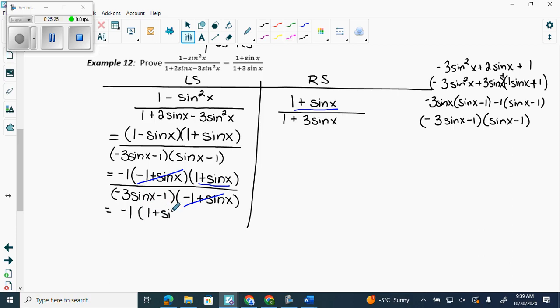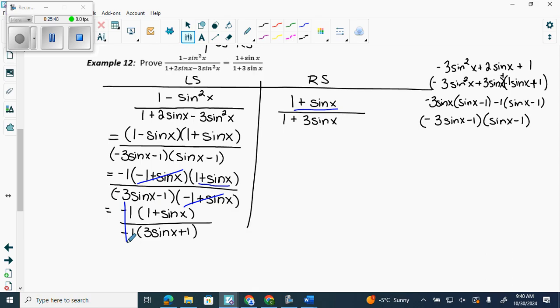That stayed the same. And on the bottom, I take a negative 1 out, and I'm left with positive 3 sine x plus 1. Do these cancel? Which I want them to do. They're gone. And then on the top, I have 1 plus sine x, 3 sine x plus 1.